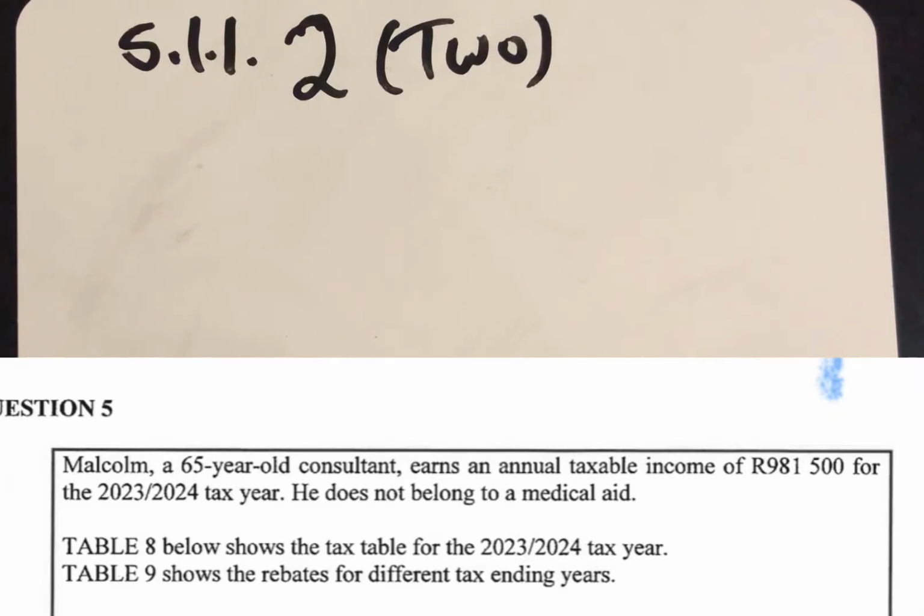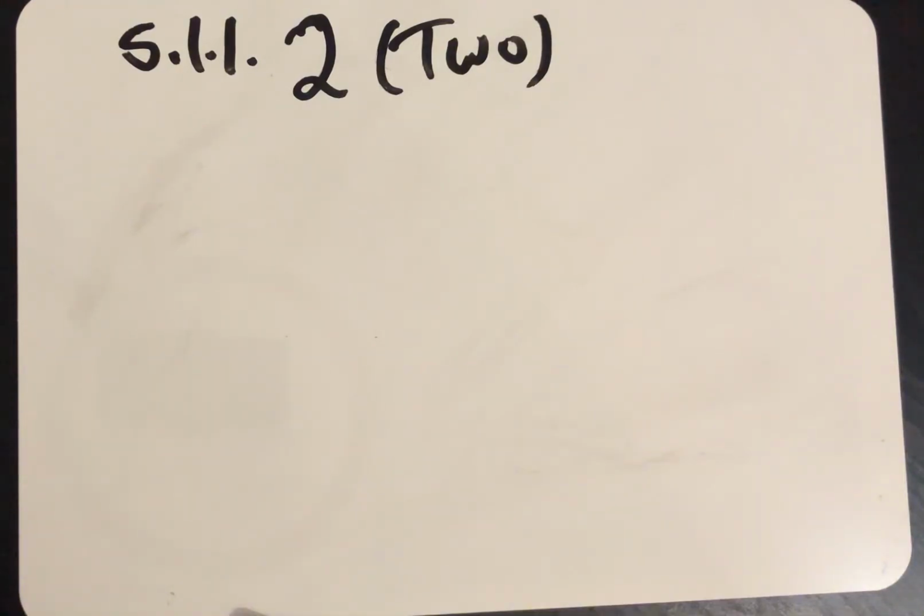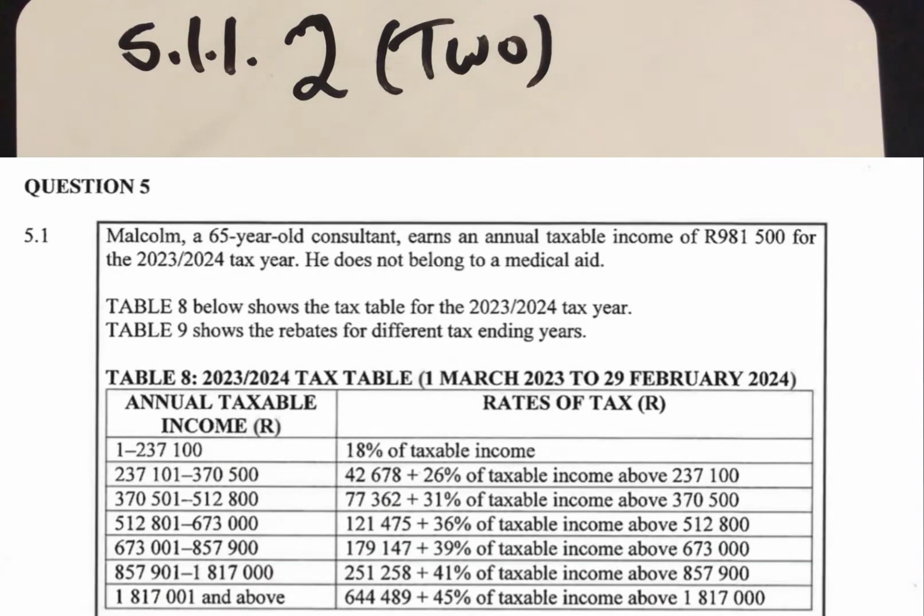So if you look at 981,500, you can tell that this person falls under the second last bracket, which is 1, 2, 3, 4, 5, 6. Tax bracket number 6, the one that accommodates 857,901 to 1,817,000.